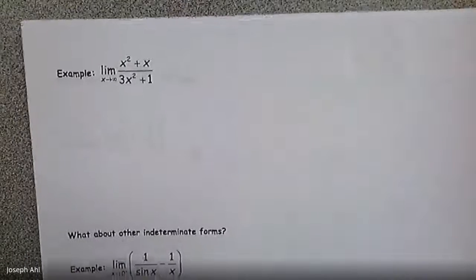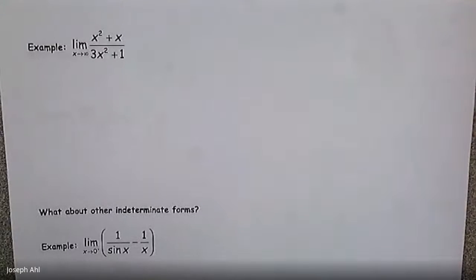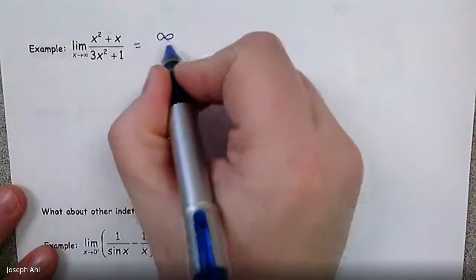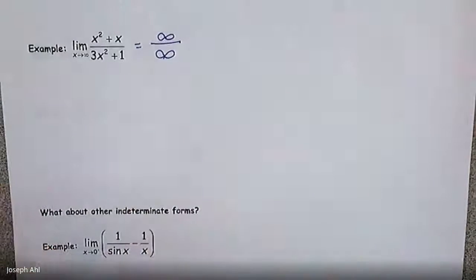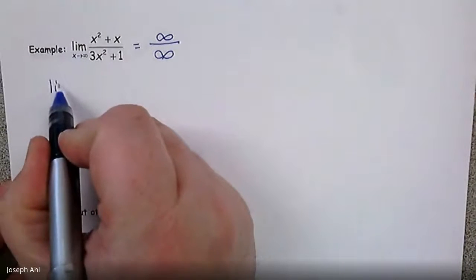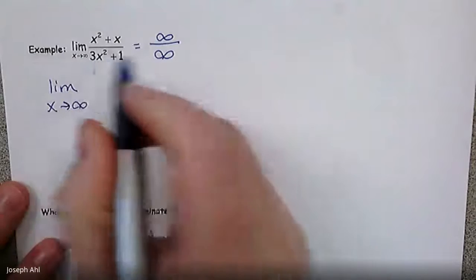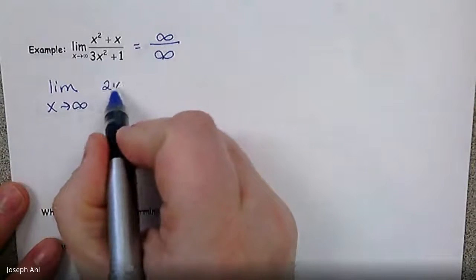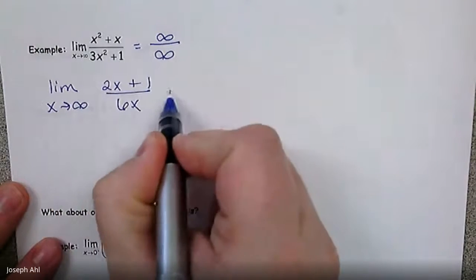So limit as x goes to infinity of x squared plus x over 3x squared plus 1. Certainly, as x gets larger and larger, the top is going to get larger and larger. Same thing for the bottom. So you get infinity over infinity to start. Let's go ahead and use L'Hopital's rule. Limit as x goes to infinity of the derivative of the top, 2x plus 1, over the bottom, 6x.